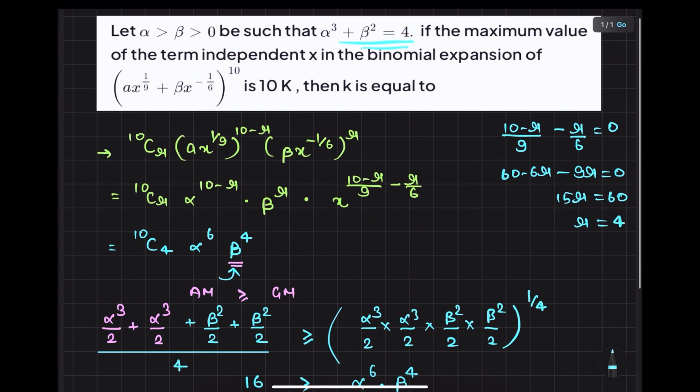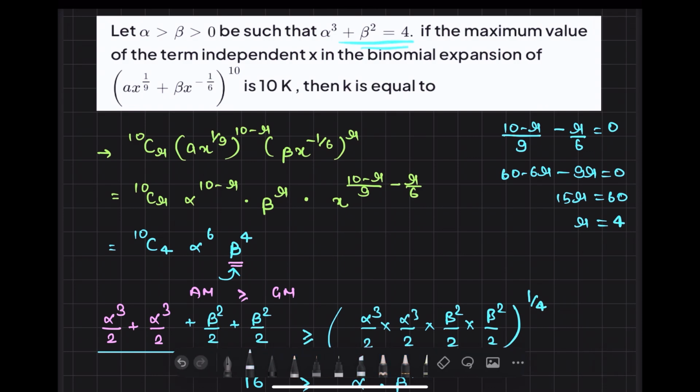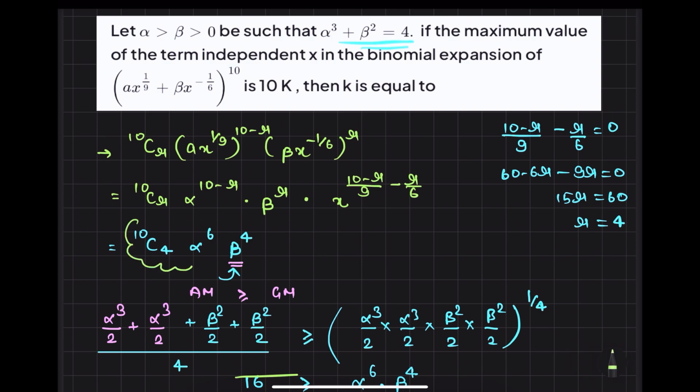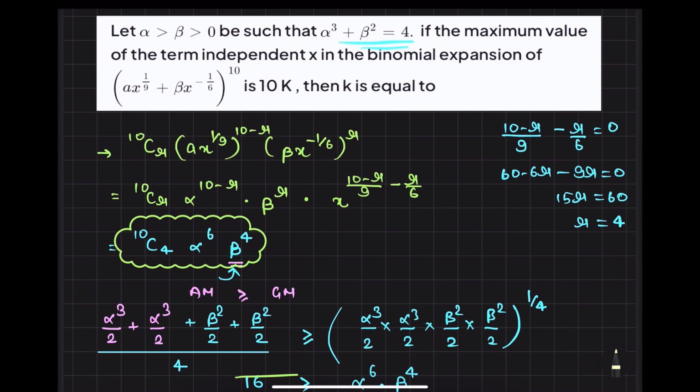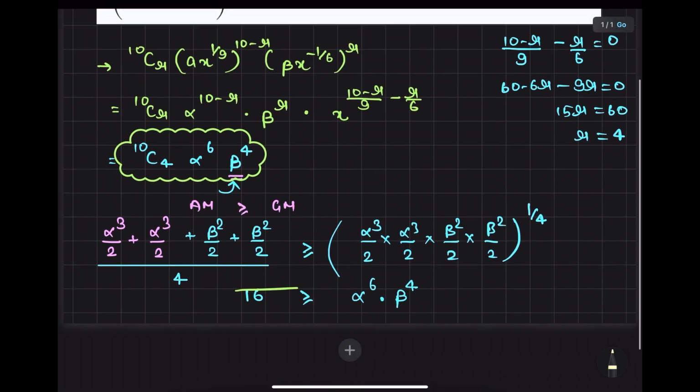We want the maximum value of the coefficient of the independent term. For this to be maximum, alpha power 6 and beta power 4 should take the maximum value. So the maximum value of alpha power 6 and beta power 4 is what? 16.